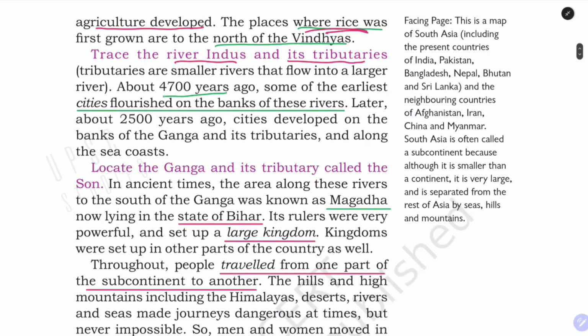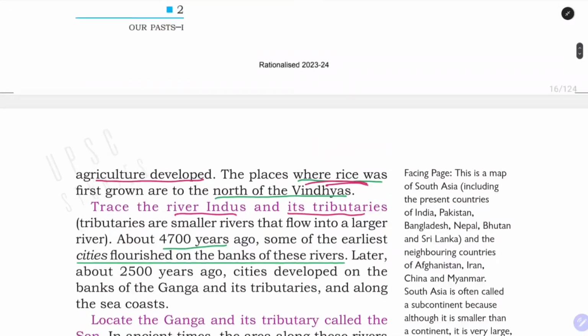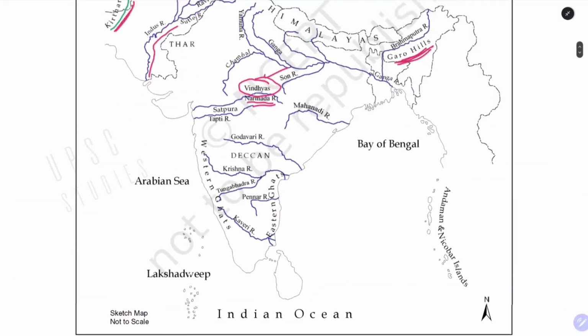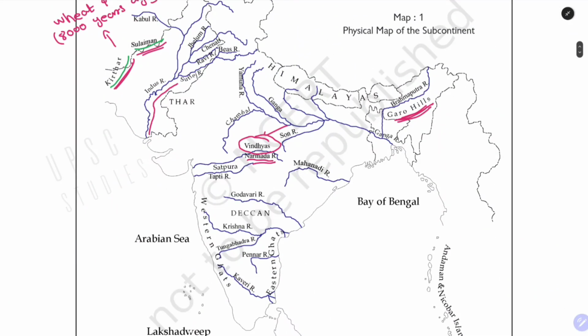About 4,700 years ago, some of the earliest cities flourished on the banks of these rivers. And here, about 4,700 years ago, cities flourished on the banks of this Indus river.